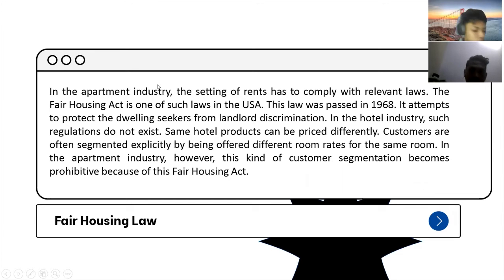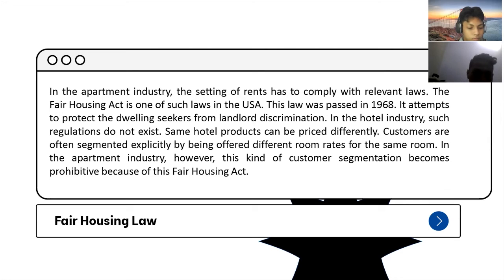Fair housing law. In the apartment industry, the setting of rents has to comply with relevant law. The Fair Housing Act is one issue. This law was passed in 1968 to protect dwelling seekers from landlord discrimination.